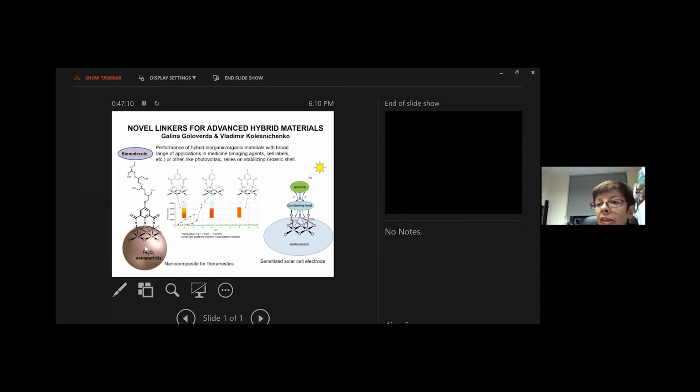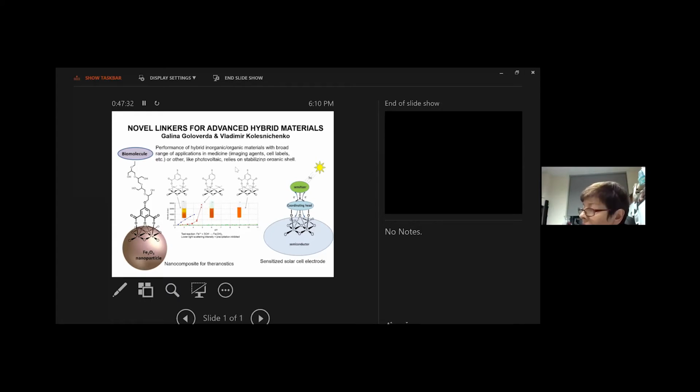And the uses, by the way, are very, very different. There is a variety of uses for nanocrystalline materials. And that varies from medicine, like they can be imaging agents, meaning you can track things inside of the body.